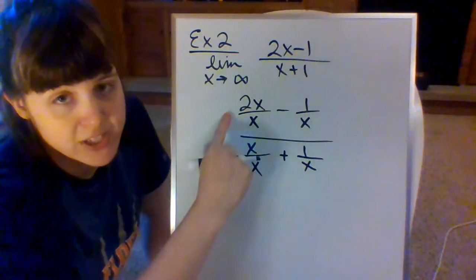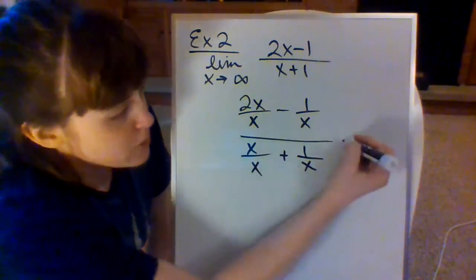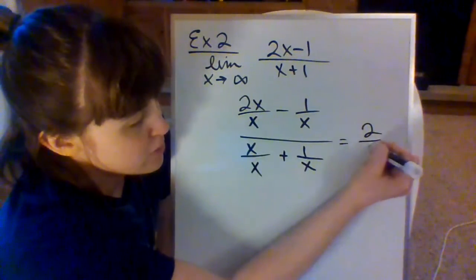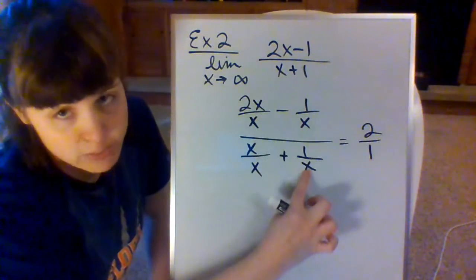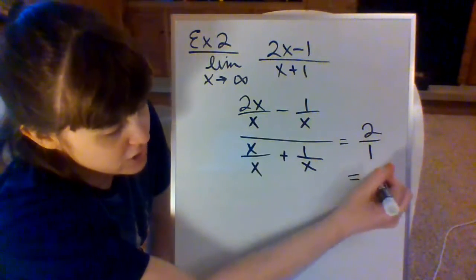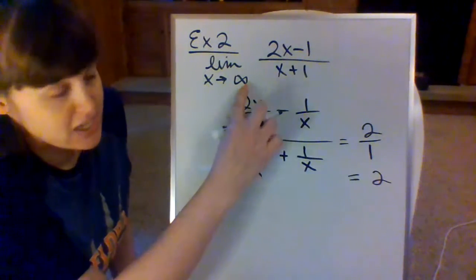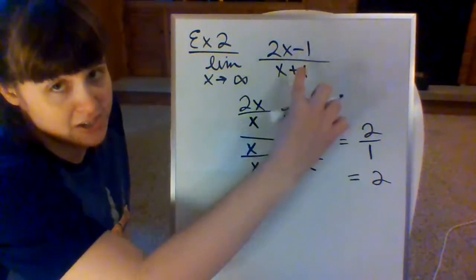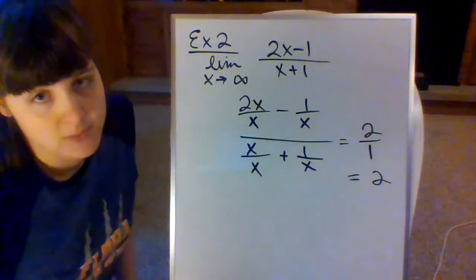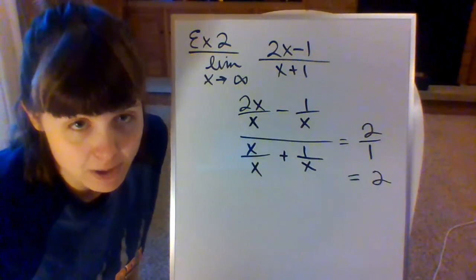This simplifies to 2, and this simplifies to 1. So we're left with 2 over 1, and that means the final answer is just 2. So the limit as x approaches infinity of this function is 2. Hopefully that rings a bell. We did do it a while back.